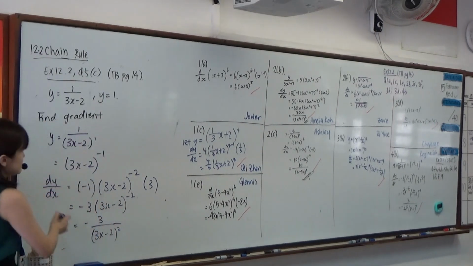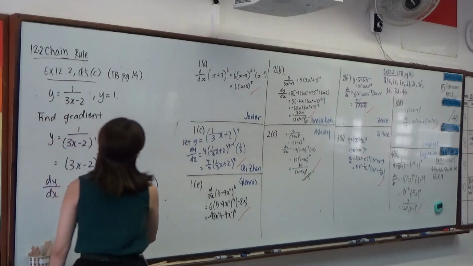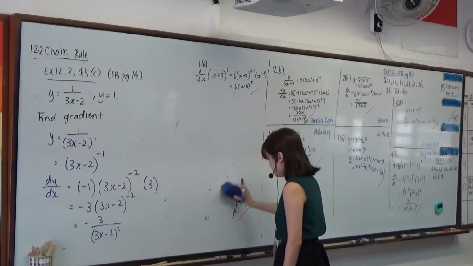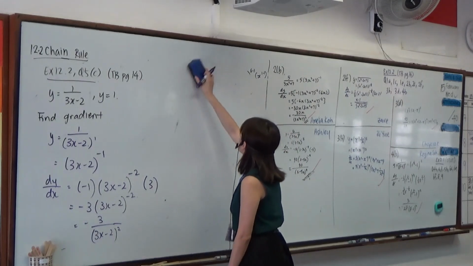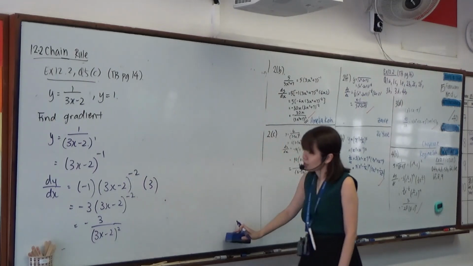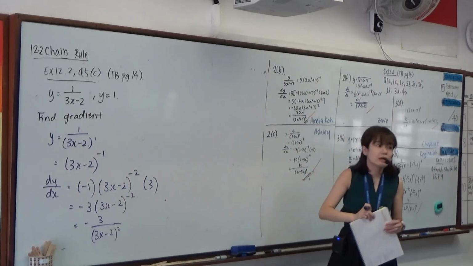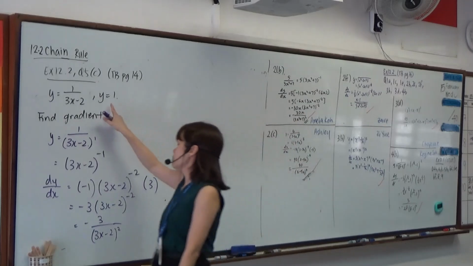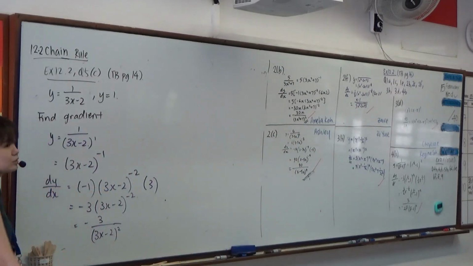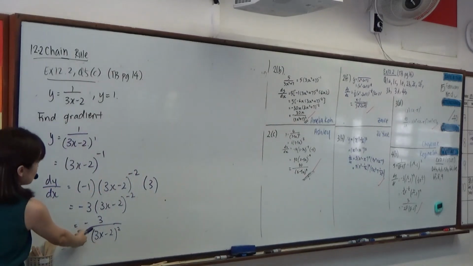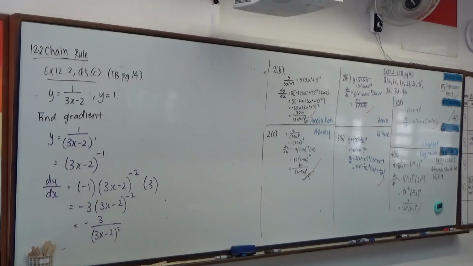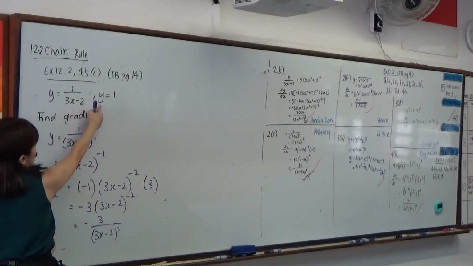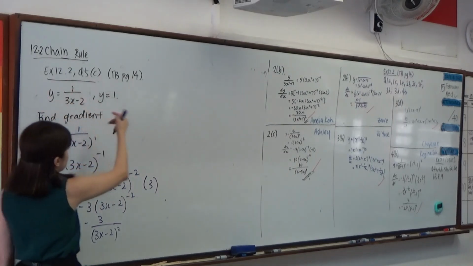They are the same, but that's not the objective of the question. The objective is to find the gradient when y equals 1. Given y equals 1, I cannot substitute into my dy over dx because my dy over dx is in terms of x. So what I need to do is find the corresponding x value when y equals 1 in this graph itself.